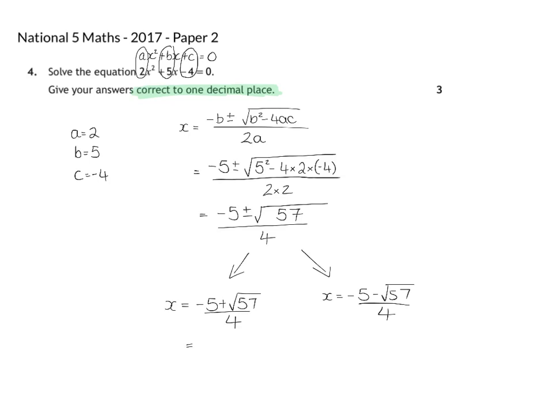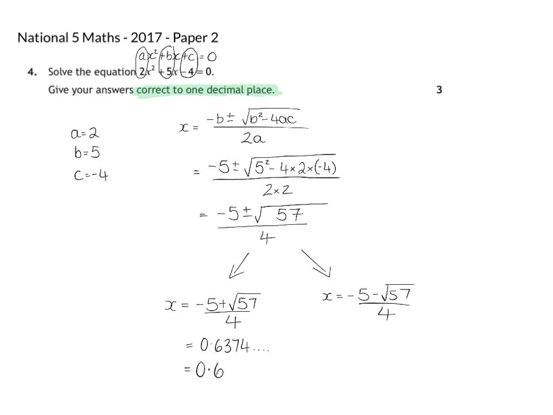Remembering here, so again it says 1 decimal place. So we should be putting our unrounded answer first. So negative 5 plus the square root of 57 over 4 gives me 0.6374 and some extra. So that rounds to 0.6 when we're doing it to 1 decimal place.